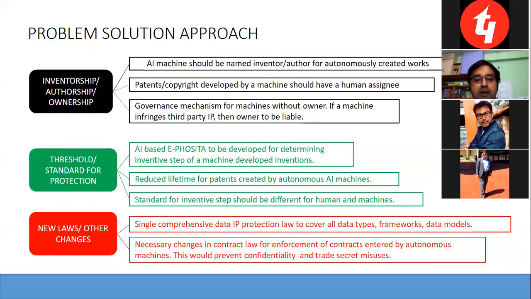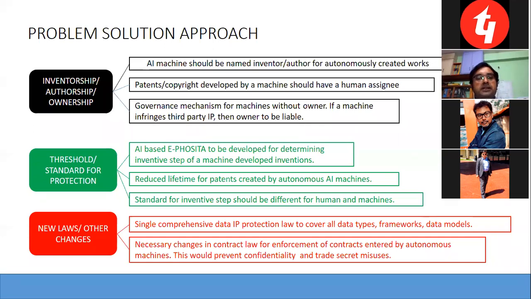They might be omnipresent, keep on creating IP, and may infringe on third-party IP. Hackers and other unscrupulous people might also create AI systems which deliberately infringe on third-party IP. So there should be a very strong governance mechanism backed by governments to ensure such things do not happen.